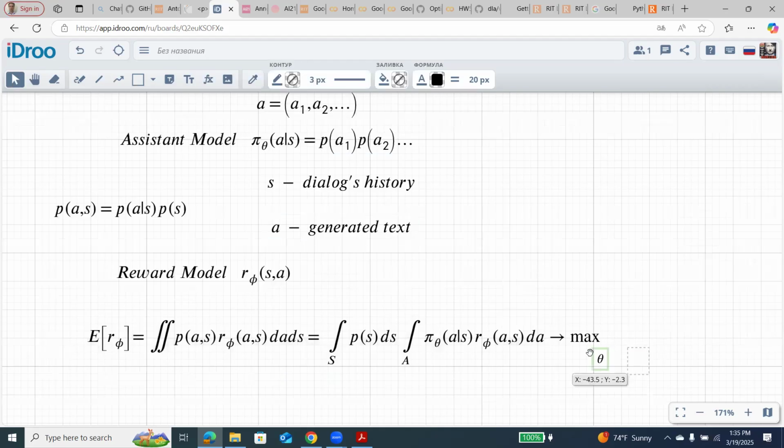Okay, so the next question is how to calculate this integral over all possible prompts and over all possible continuations. I think David knows the method. Monte Carlo estimation, yes.